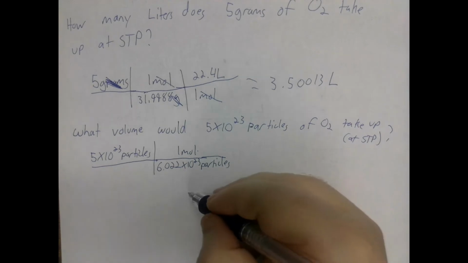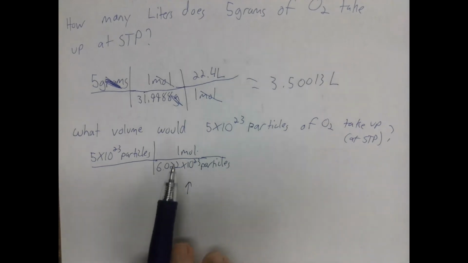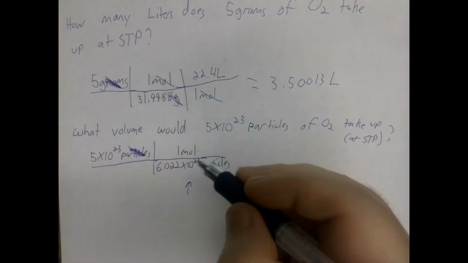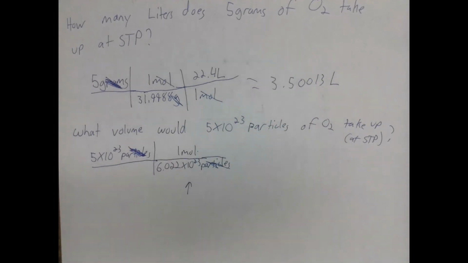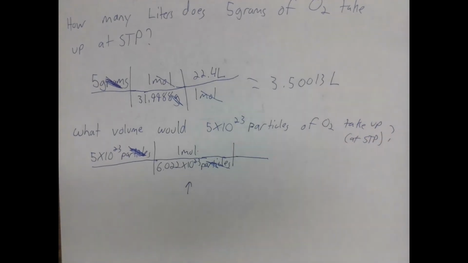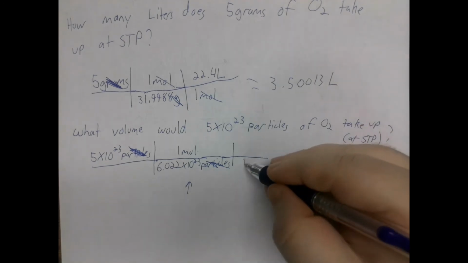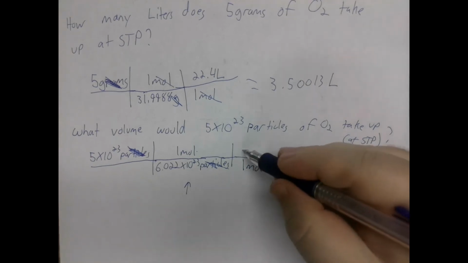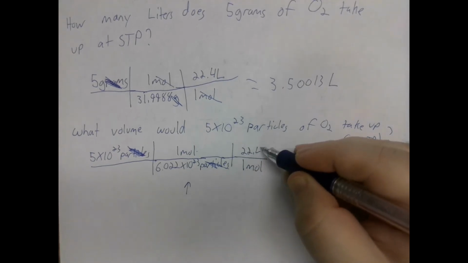Yeah, so this is the conversion factor between particles and moles, or atoms to moles, or molecules to moles. We use Avogadro's number. So this is how we convert between that. So particles disappear, and we're now in moles. And now we can convert moles into liters using the fact that 1 mole of a gas at STP takes up a volume of 22.4 liters.